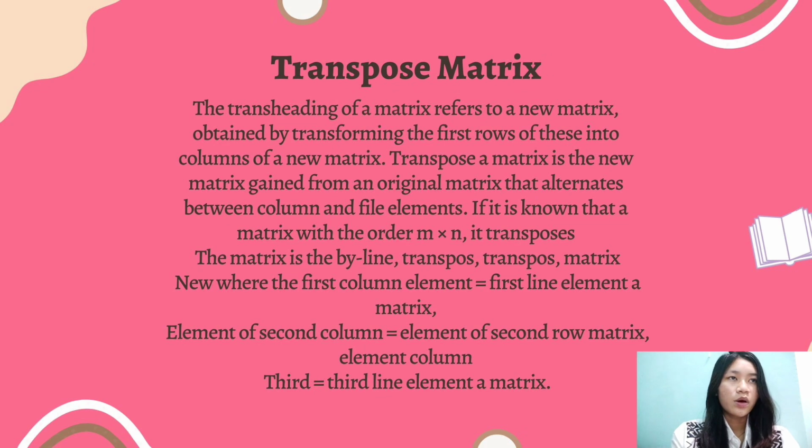If it is known that a matrix has the order m times n, its transpose is a matrix where the first column elements equal the first row elements of the matrix, the second column elements equal the second row elements of matrix A, and so on.